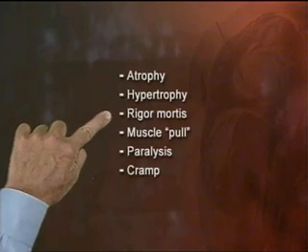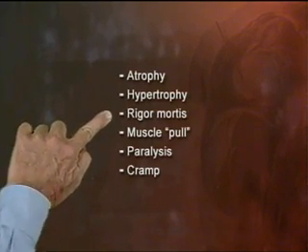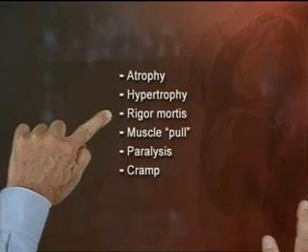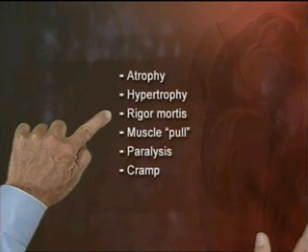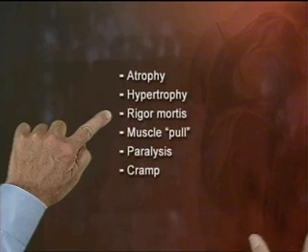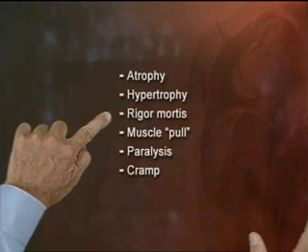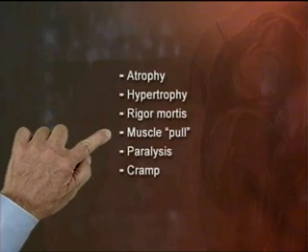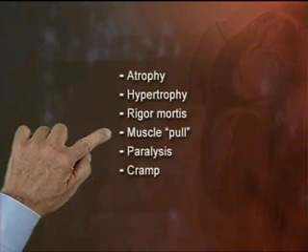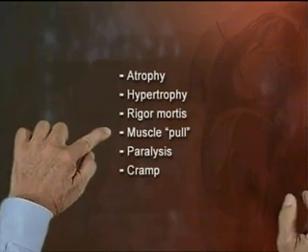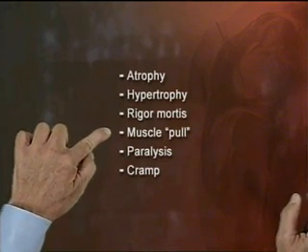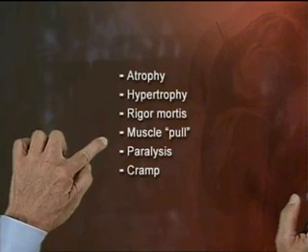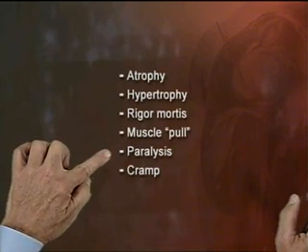Rigor mortis, the stiffness in death that we talked about before in association with skeletal muscles, is due to a loss of ATP production because the cells are dead, so the relaxation process cannot occur. When we say that we pull a muscle, we are damaging some of the soft tissue structure of it. We may pull it so hard that some of the muscle fibers are damaged or some of the connective tissue within it is disrupted.